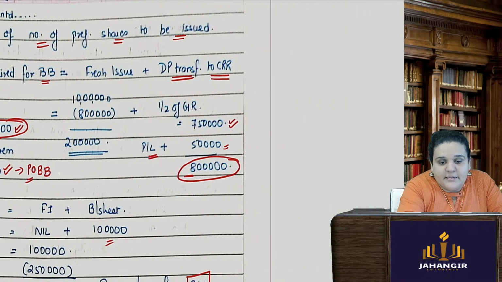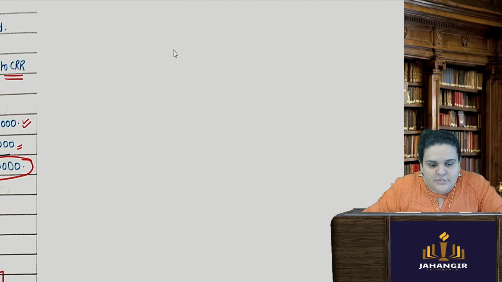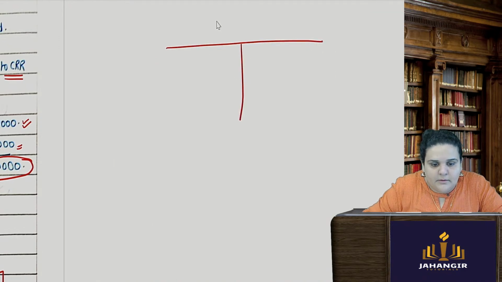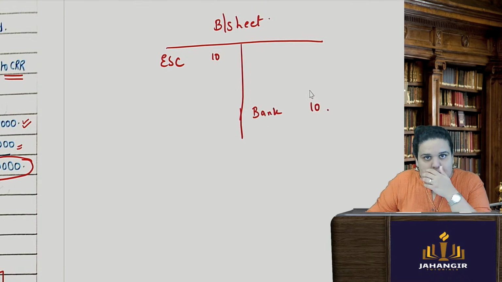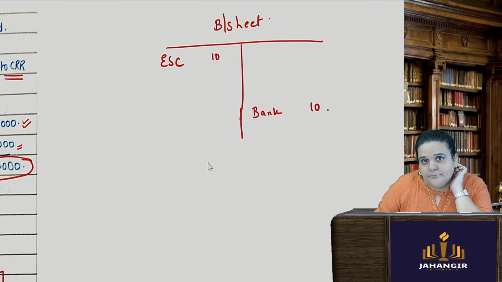Now someone will ask me why, ma'am? Now see, suppose this is a balance sheet. What are we exactly doing? This is equity share capital of 10 rupees. When I issued it, I got 10 rupees in the bank. Now I am going to pay them back 5 rupees.